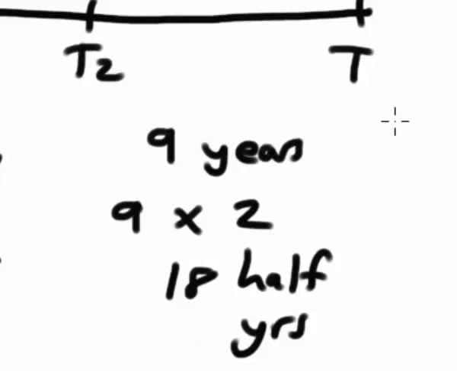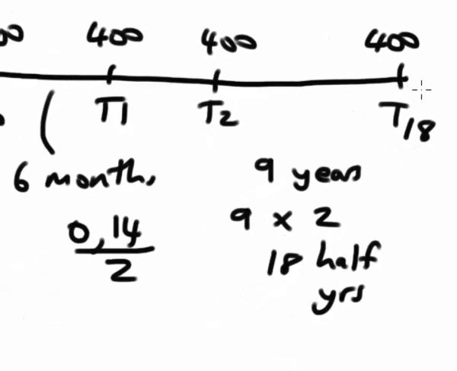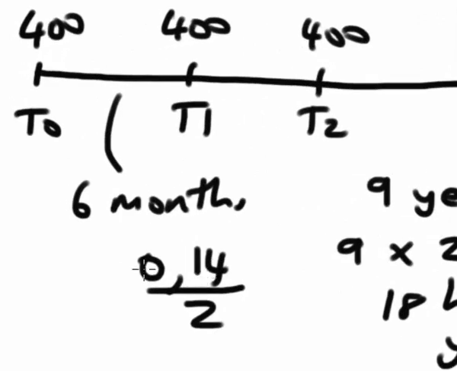That takes us up to 18 half years, and she puts her last 400 Rand in there. Now the question is, how much money will she have accumulated after 18 half years, which is 9 years? The interest rate is 0.14 over 2. Remember, 14% per year, but we're dividing by 2.